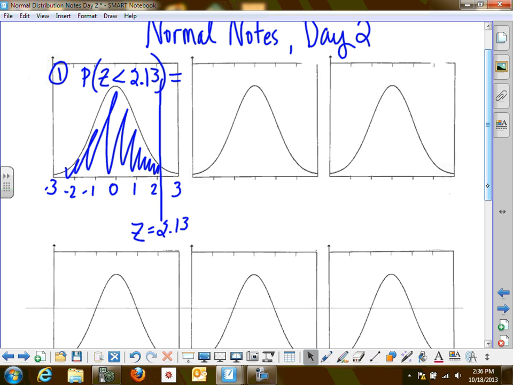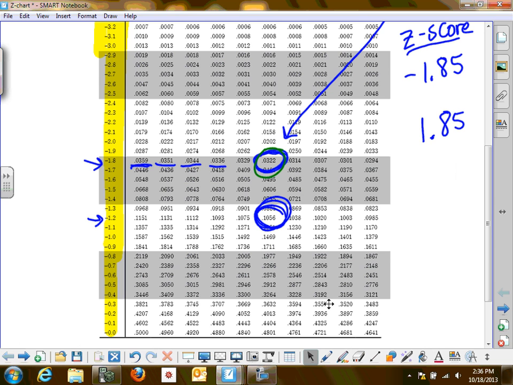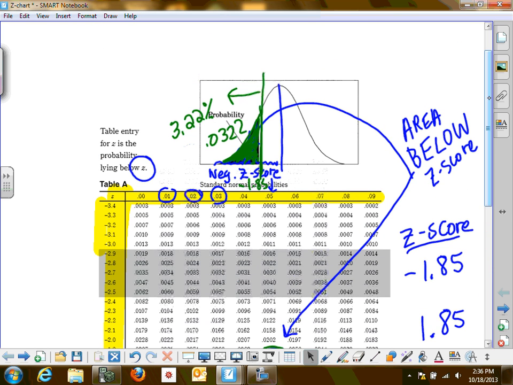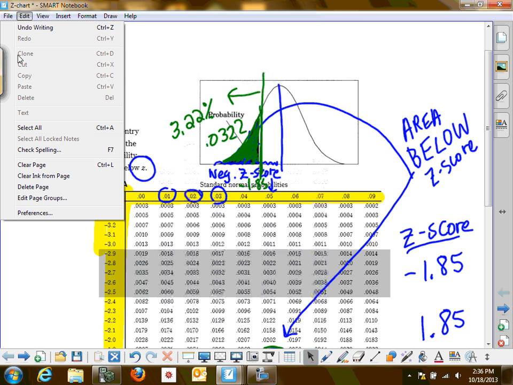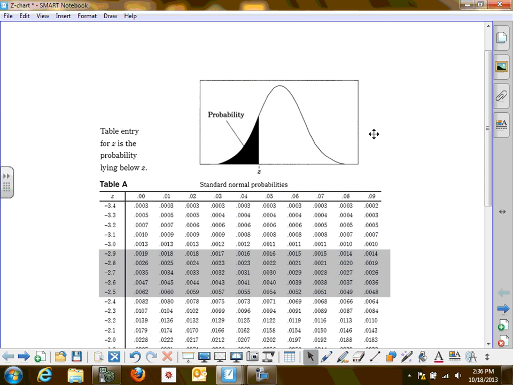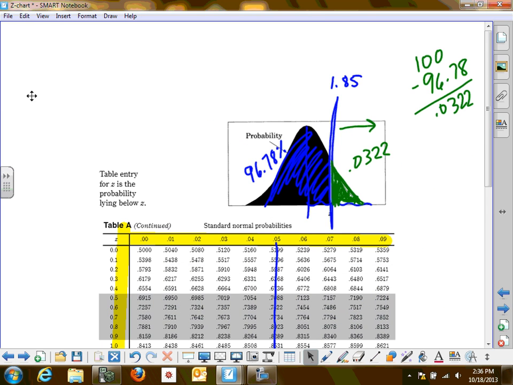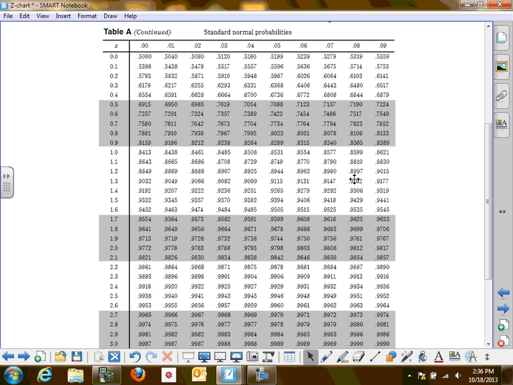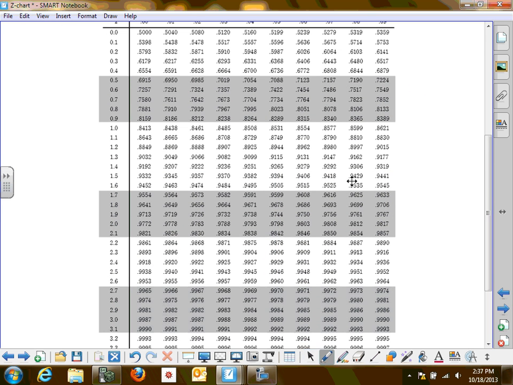Now, go to your z-chart to find the answer. So here comes your z-chart. This is kind of getting a lot of writing on it, so let me clear that real quick. Okay, so I want the positive 2.13, so I got to go to the positive side and find the 2.13, right here at 0.9834.